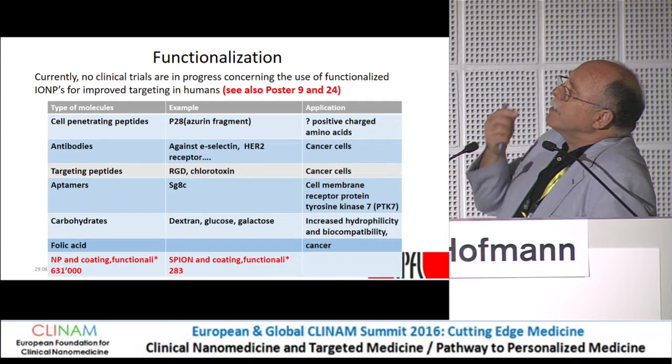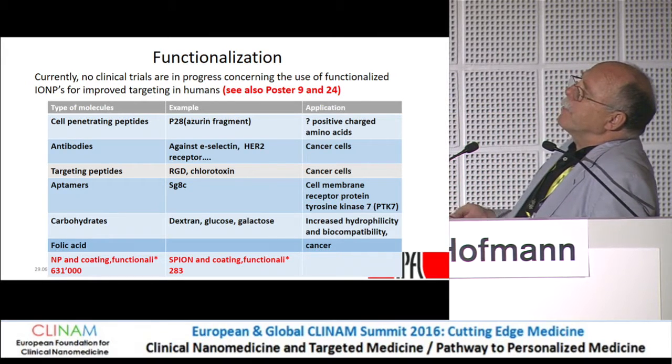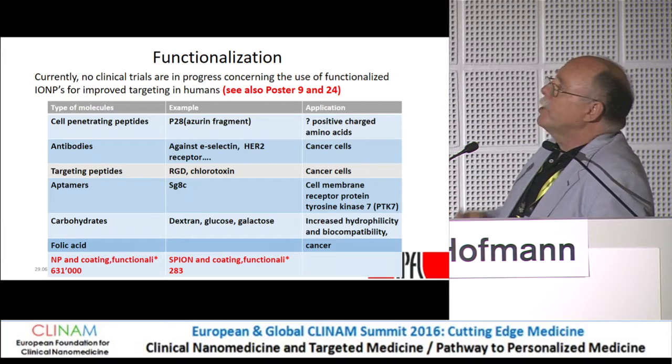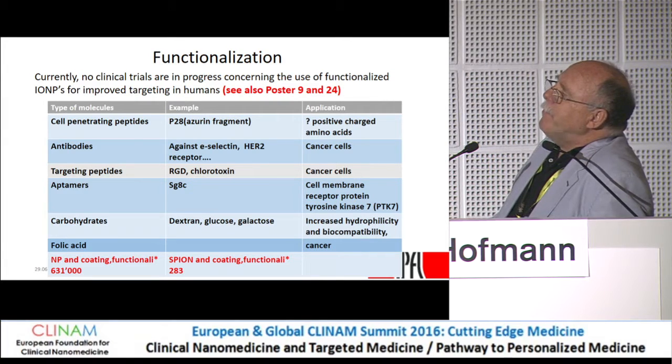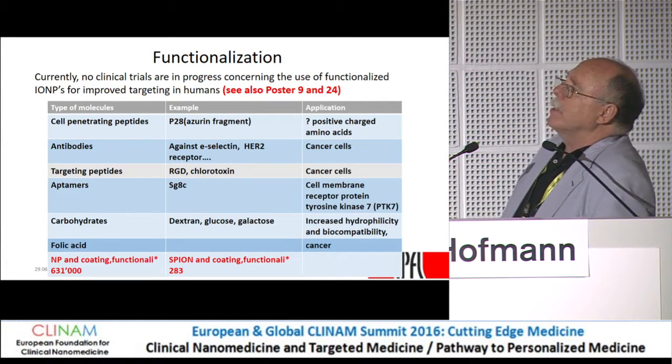Functionalization is very important. Here we have posters from a project that is running together with different universities. One is from EPFL, the other one is from University of Geneva. But you see also, if you look in the literature, we have a lot of different coatings, for sure, because we are targeting different molecules and different cancer areas and so on.